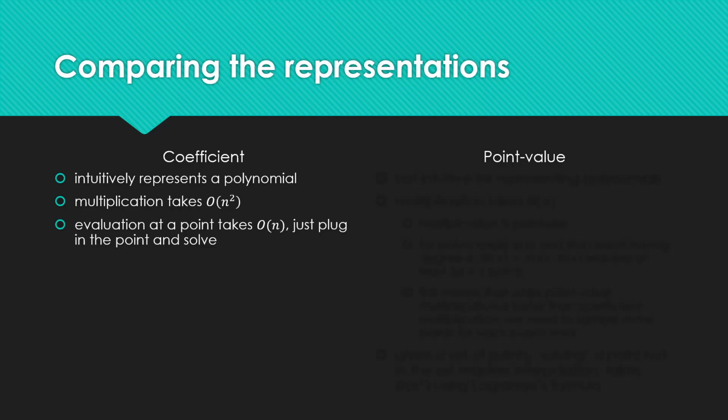That's what we're trying to solve here. But evaluation at a certain point simply takes linear time. You just have to plug in the point and solve. And this is dominated by the number of the terms in the polynomial. So it's straightforward. Meanwhile, point value representation is not intuitive for representing polynomials, because you can imagine it's just a set of point value pairs.